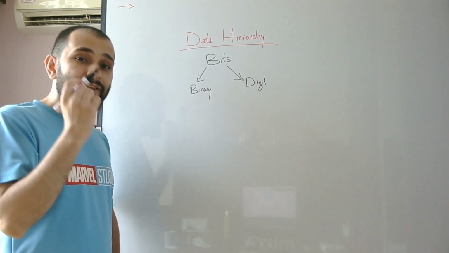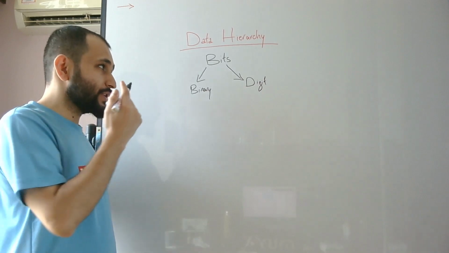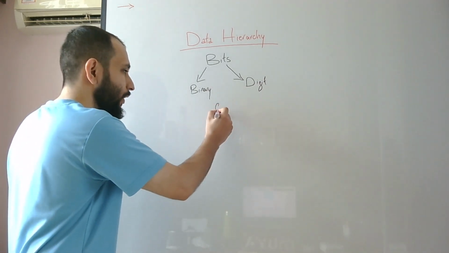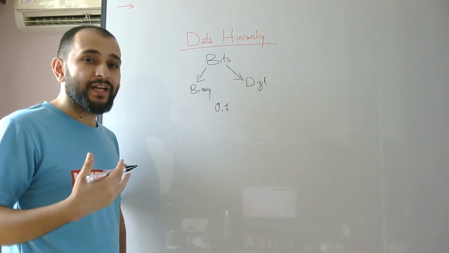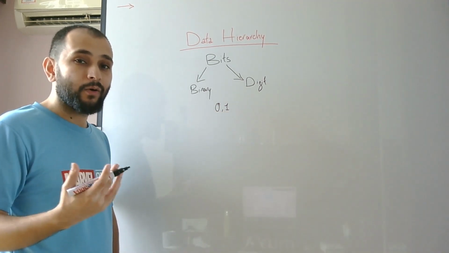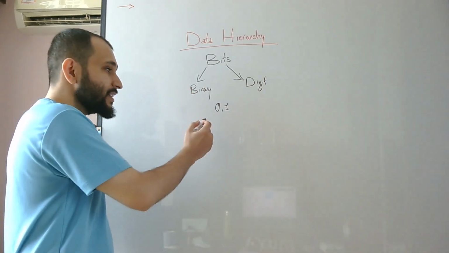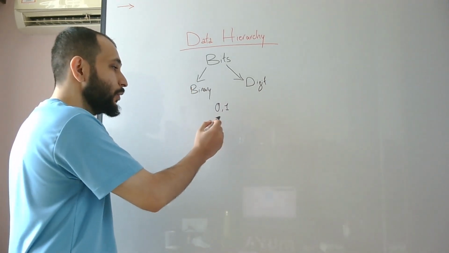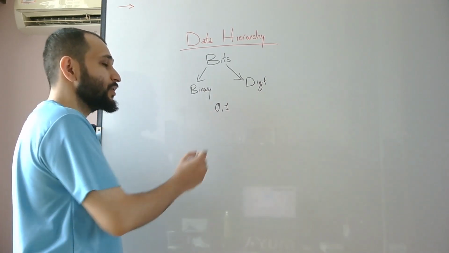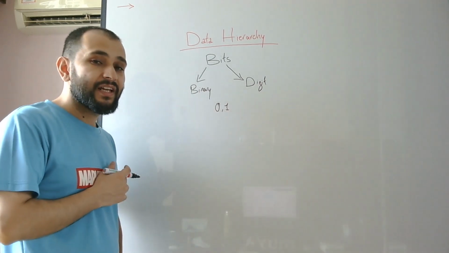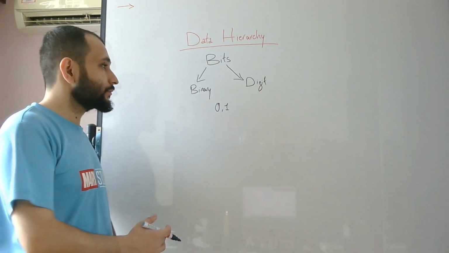In the binary system, we have only two numbers, which is a 0 or 1. In our more conventional decimal system, we have 0, 1, 2, 3, 4, 5 until 9. But in the binary system, we only have these two digits, 0 and 1. Using these two digits, we can represent any number from 0 up until infinity.